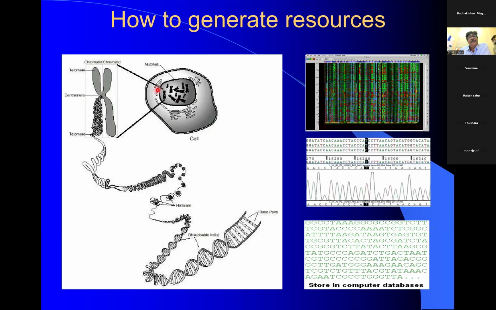The cell contains these chromosomes, and if we extract this chromosome and uncoil it, these are supercoiled. These DNA are basically wrapped around histone proteins. So they create a bead-like structure, and finally these beads supercoil and create this kind of chromosome. So this is normal coiling.